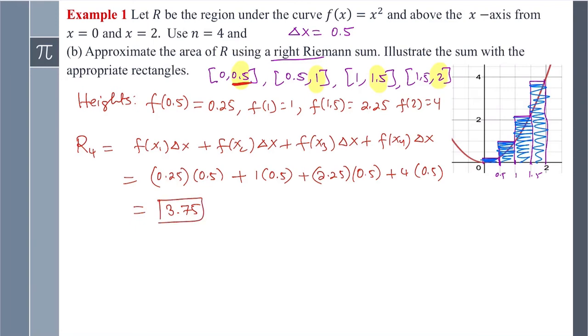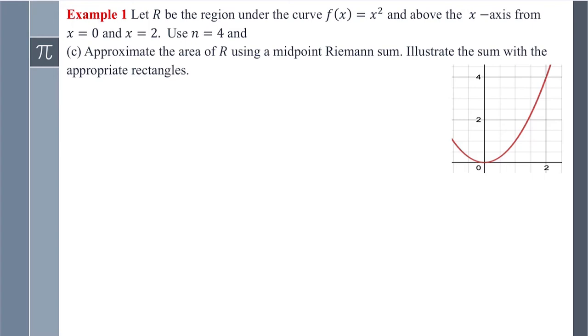Now let's go ahead and use the midpoint Riemann sum. In this case, we are going to use the midpoint to find the heights. We have the same delta x, which is 0.5, and the same sub-intervals: 0 to 0.5, 0.5 to 1, 1 to 1.5, and then 1.5 to 2.